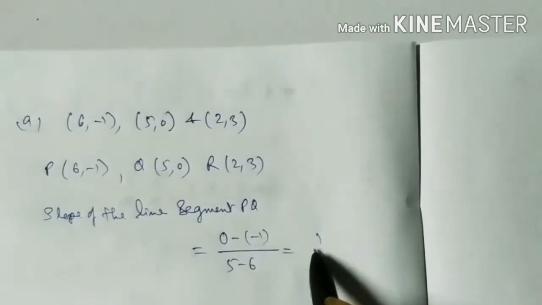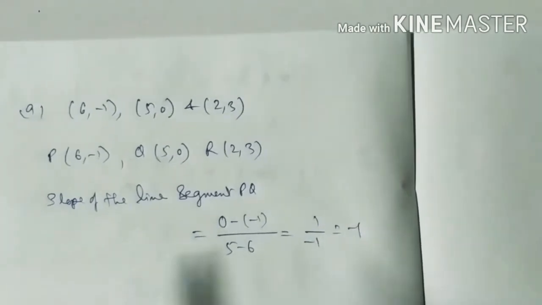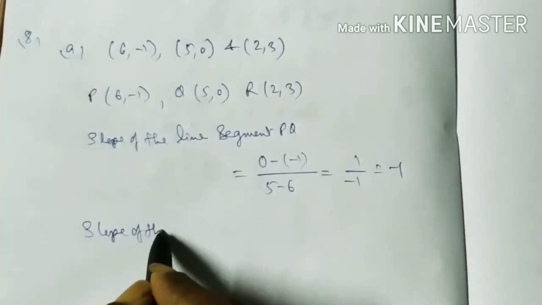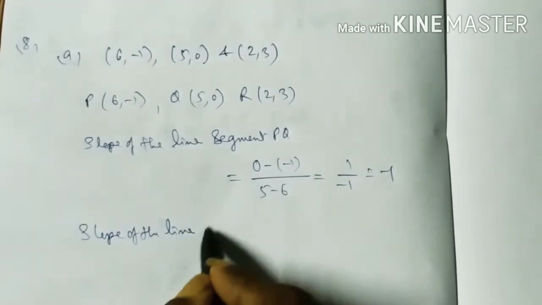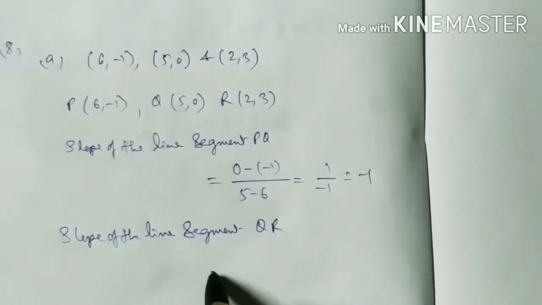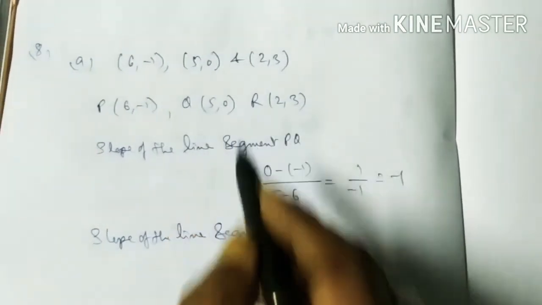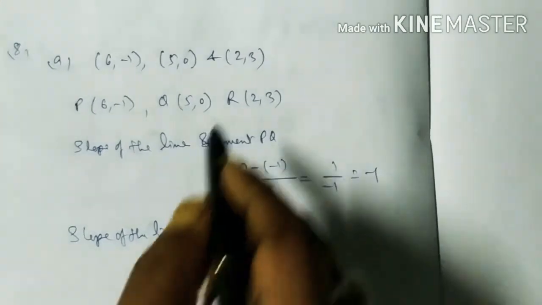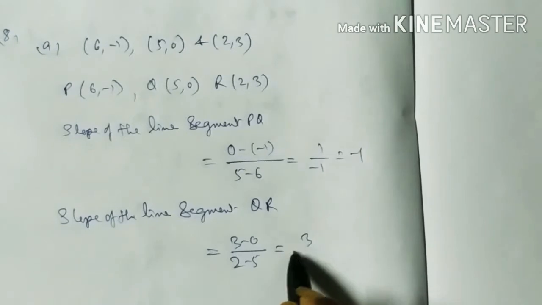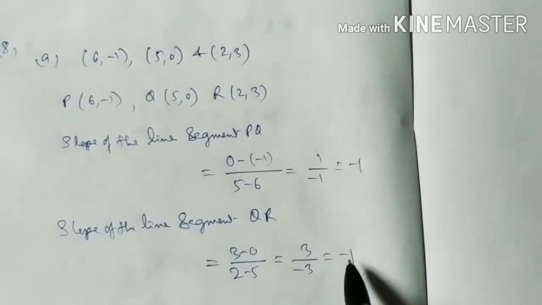This comes out to be 1 by minus 1, equal to minus 7. Now again, slope of the line segment QR. Similarly, y2 minus y1, 3 minus 0, x2 minus x1, 2 minus 5, 3 by minus 3, that's equal to minus 1.